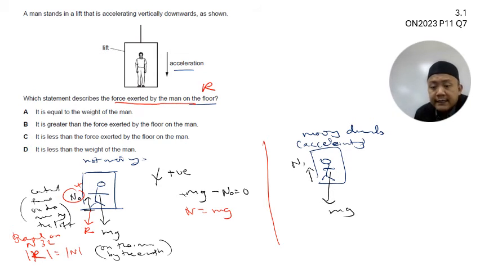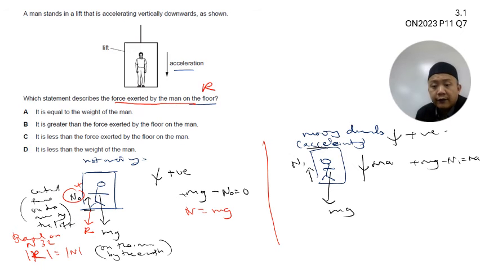Are these the only two forces acting? No. You've got the resultant force, ma, because the man is moving downwards and accelerating. Assuming that all vectors acting downwards are positive, we get the overall equation: positive mg minus N1 is equivalent to ma.